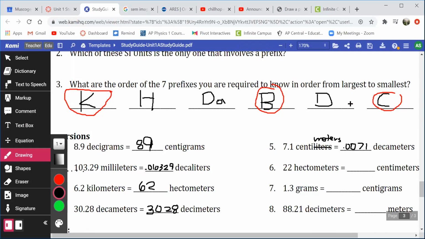We're moving to centi. We're going to move 1, 2, 3, 4 times to the right, which means adding 4 zeros to that 22. So I'm going to go 2, 2, 0, 0, 0, 0, which gives us 220,000 centimeters. All righty. Now number 7, 1.3 grams to centigrams.